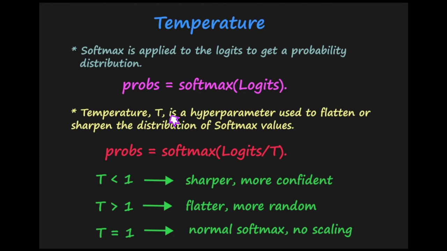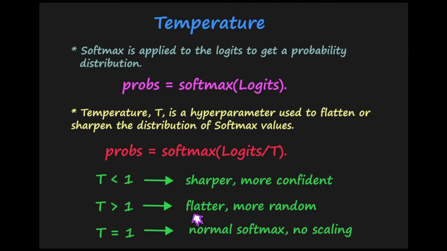And the hyperparameter temperature, t, has no effect at 1. It can flatten or sharpen the distribution of softmax values. So if t is less than 1, they become sharper and more confident. They stand out more.